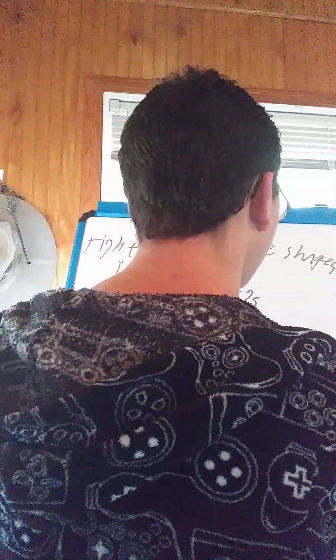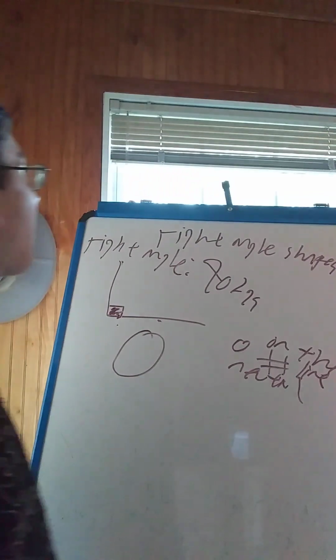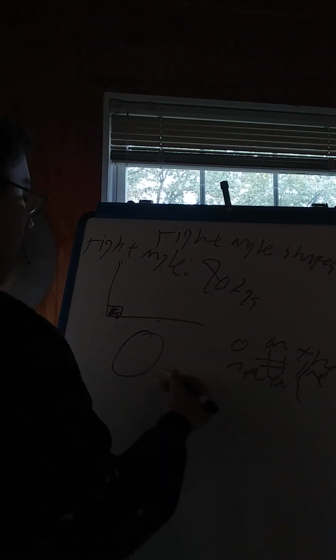And a circle, well, that would be like 0 on the number line. Neutral, or no value. It means nothing. Doesn't amount to anything. A circle doesn't have any corners that are the same. It's just round.